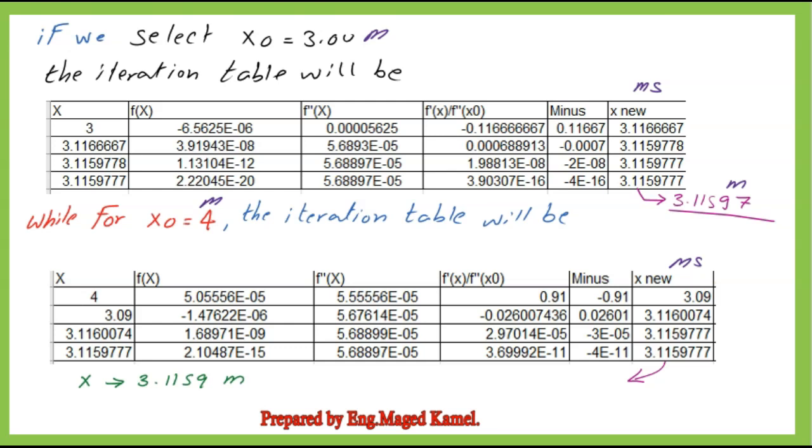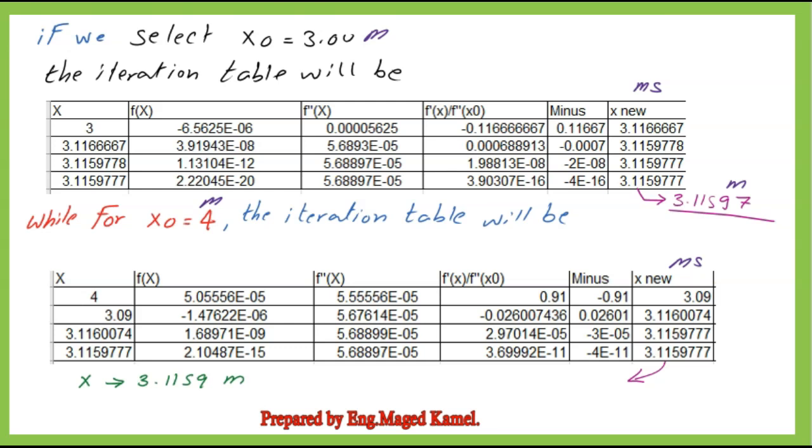So for x equal to 3, the f dash of x equal to -6.5625 minus 0.6, and the f double dash of x, as we can see, is 0.0005625. We divide and then we multiply by -1. This is a positive value. It will be added to the 3.